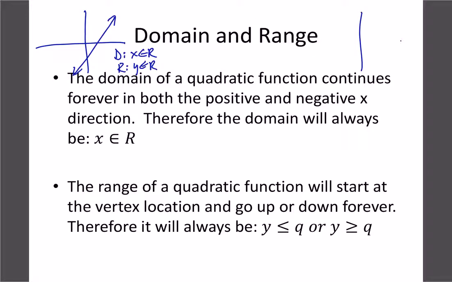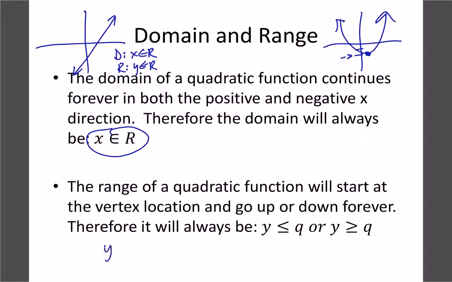Now with quadratics, it still goes on and on forever in both directions in the x direction. So we say our domain is still x ∈ ℝ, it can be any real number, but now our y direction is different because we're stopping at a certain point. So we go from our minimum, in this case, all the way up. Let's suppose that was at, say, -2.